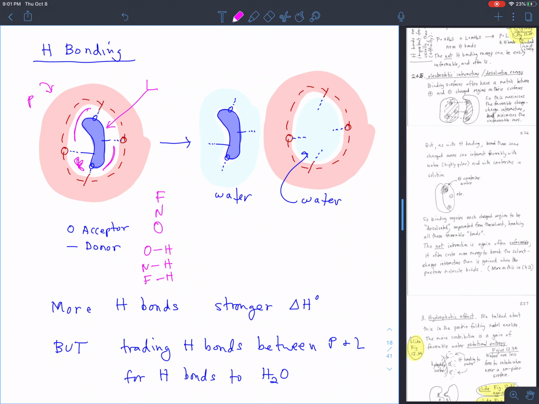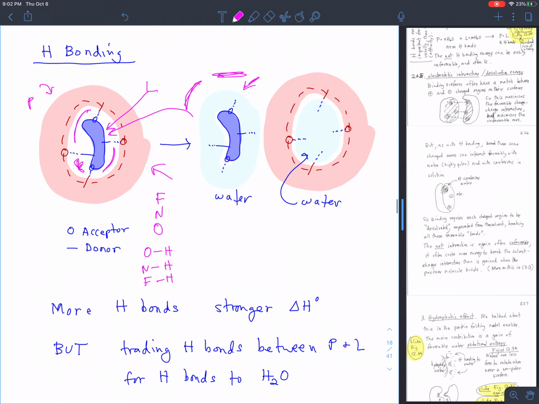And that's true, except that this ligand had to come out of water in order to stick itself into the pocket. And that means you had to break a whole bunch of hydrogen bonds between the same molecule and the water hydrogen bonds too. And so when you're taking this L out and putting it into the pocket, you're not necessarily gaining any hydrogen bonds.